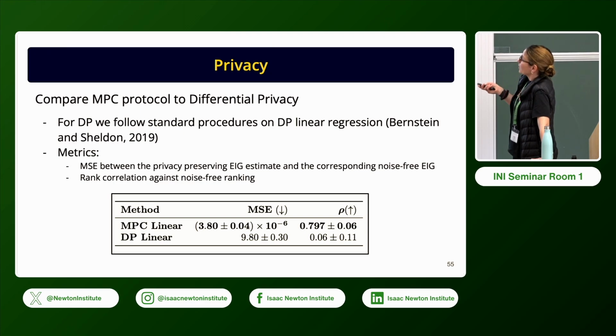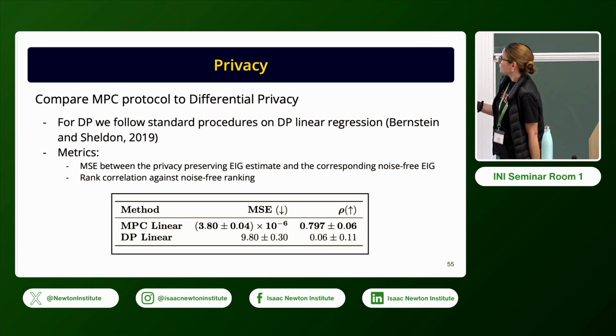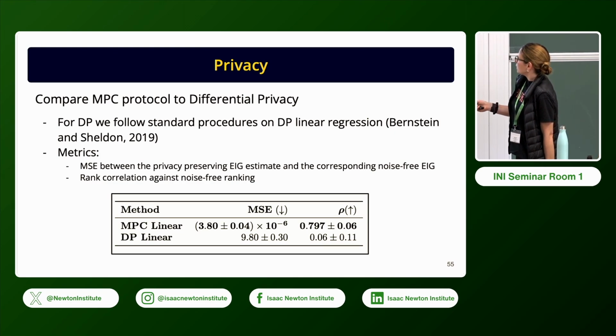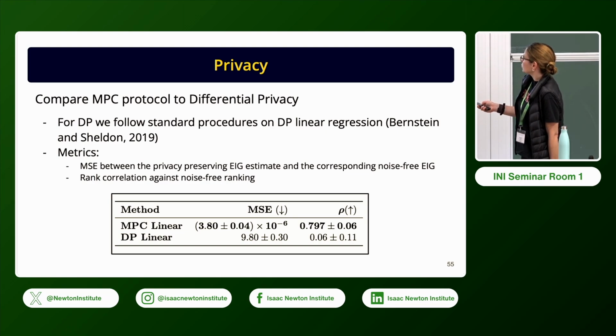And just very quickly, finally, this is on the privacy guarantee, right? So we compared to the standard differential privacy protocol for linear regression, and actually, as I said, the rank correlation, if you were to noise the inputs, basically goes down to 0, right?